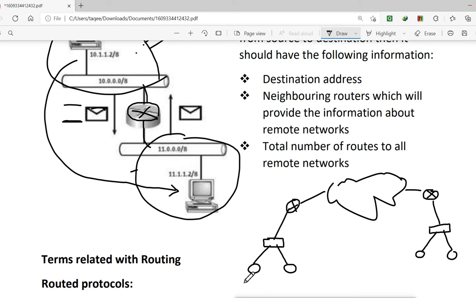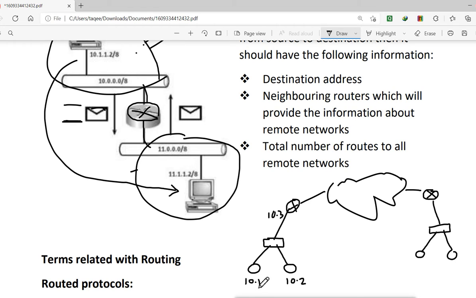Now these machines are here having the network of 10, so let's say it is 10.0.0.1, it is 10.0.0.2, and this router which is connected to this network is 10.0.0.3.